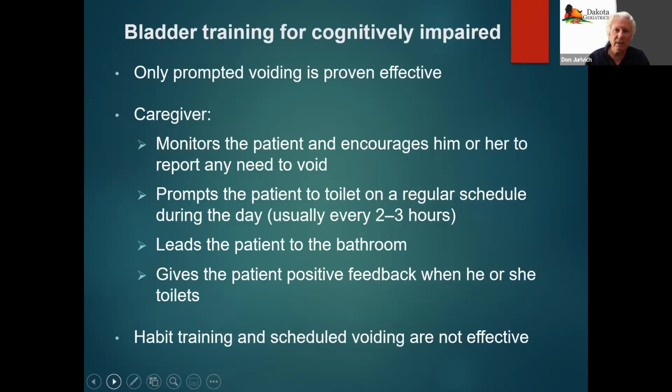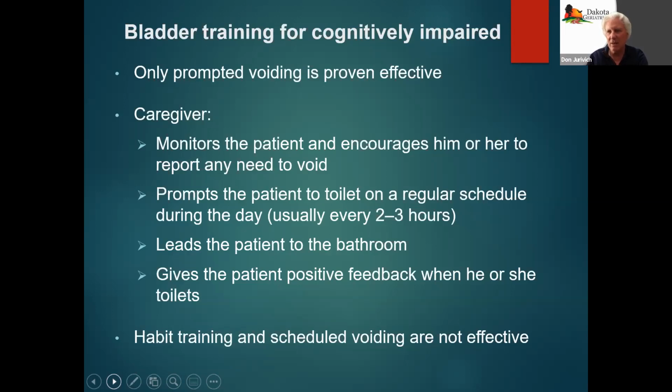So it's important to consider the demented patient. And again, only prompted voiding is proven to be effective. So that's where you physically lead the patient to the bathroom and say, please go pee now. The idea is that the caregiver will monitor the patient, encourage them to let you know when there's a need to go to the bathroom, and then there's a prompt through a regular schedule of every 2 to 3 hours.